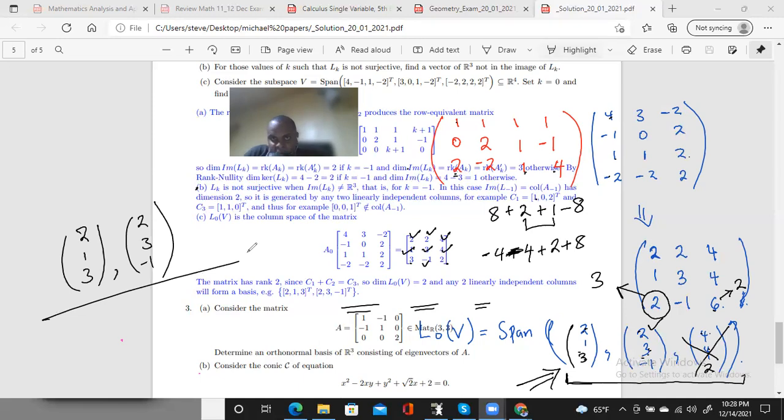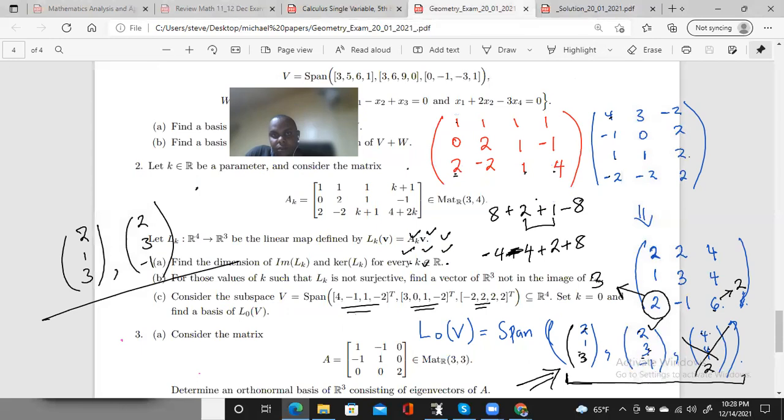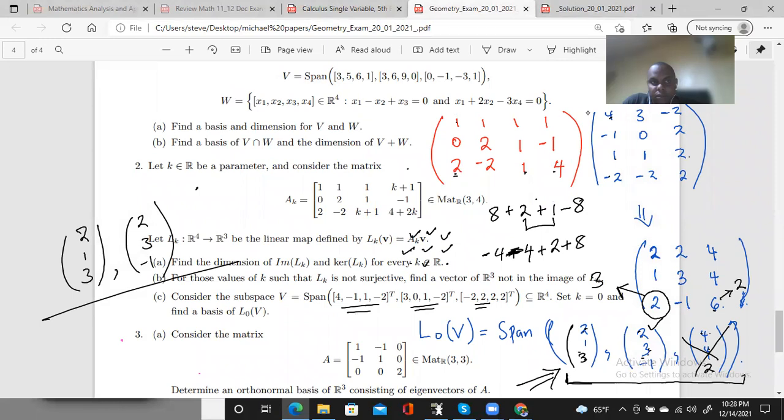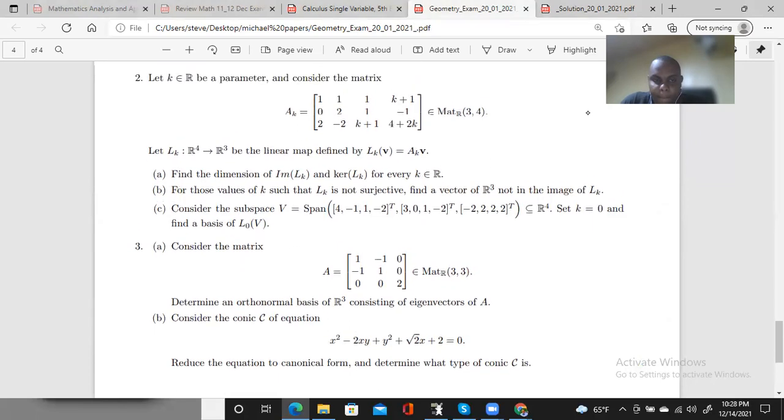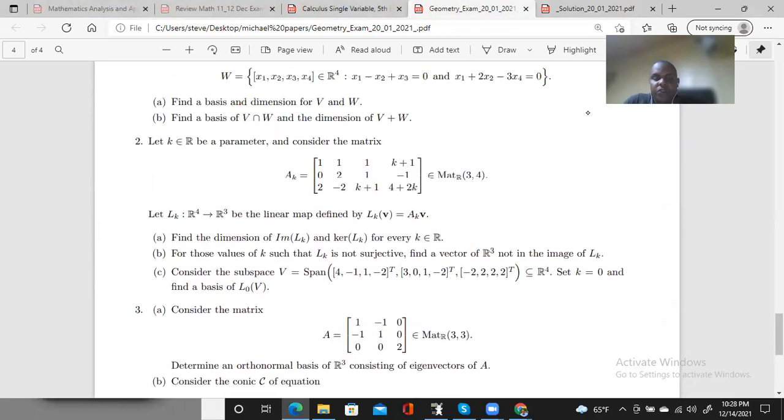So let's do question 3A, which says, consider the matrix. Determine an orthonormal basis of R3 consisting of eigenvectors of A. So you need to find eigenvectors of A, and then once you find them, you need to use the Gram-Schmidt orthogonalization process to orthogonalize them.